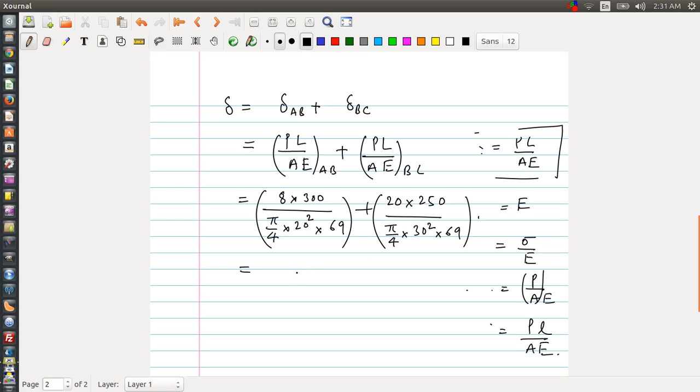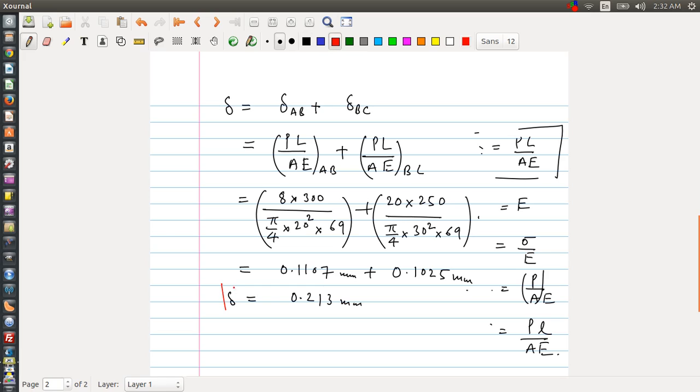The numerical values of the individual terms turn out to be 0.1107 mm for portion AB and 0.1025 mm for portion BC, and the result will give you 0.213 mm.